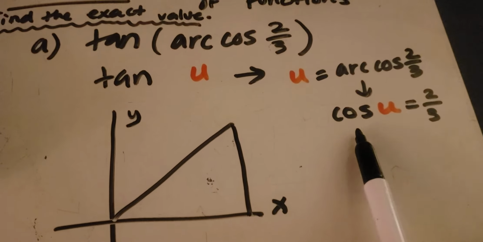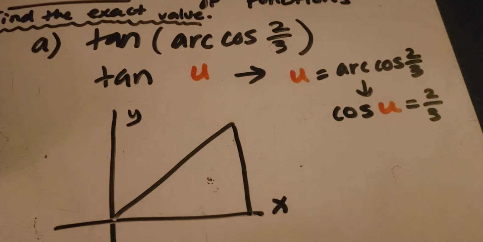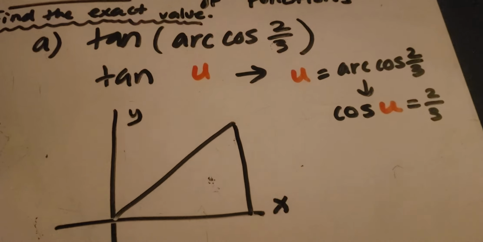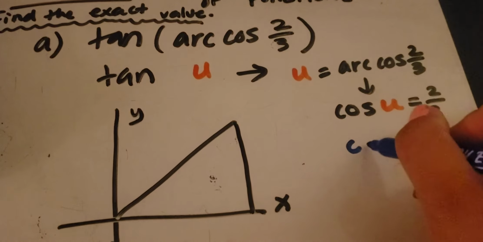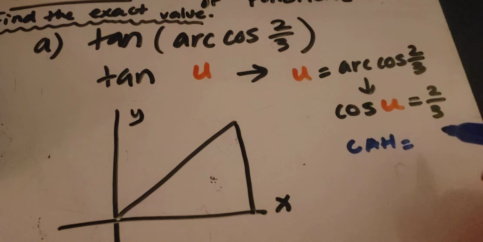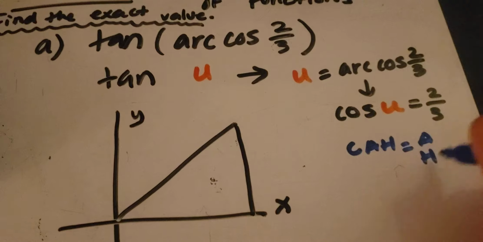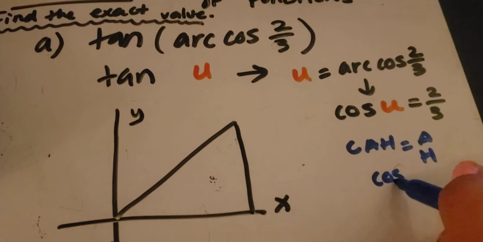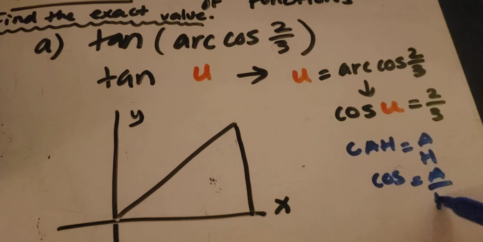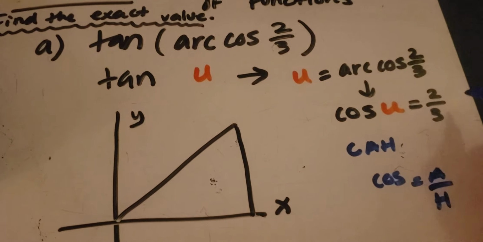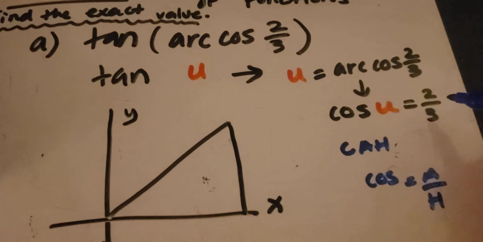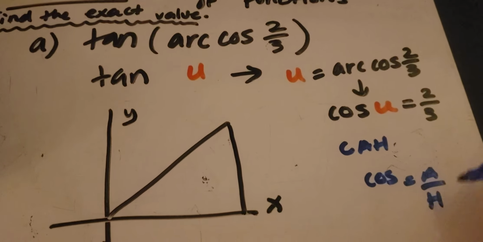Okay, so cosine of u equals 2/3. Now, hopefully you remember your trig functions, but cosine is adjacent over hypotenuse, or cosine equals adjacent over hypotenuse. I should have written it that way. Okay, what that means is adjacent would be 2 and hypotenuse is 3.